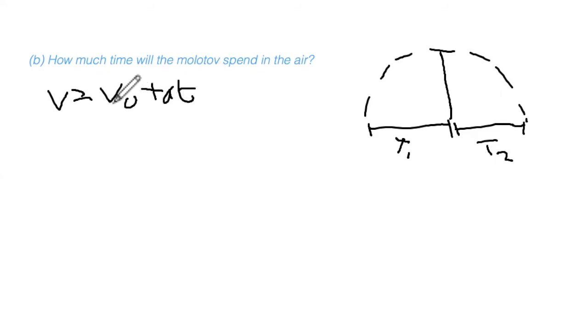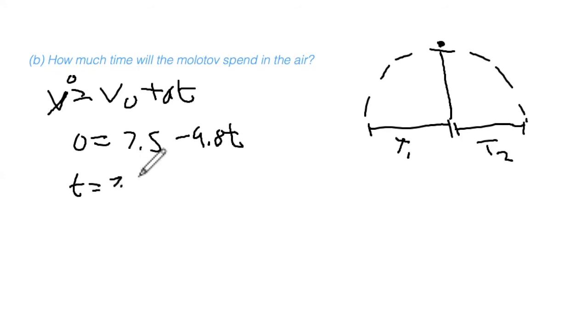This is one of the kinematics equations. At this point here, the velocity will be 0 in the vertical direction. We're given g. This is going to be negative 9.8, so we just solve for t. Isolate for t. 7.5 divided by 9.8. Plug in your calculator. Your time for that is going to be 0.765 seconds. This is time 1.